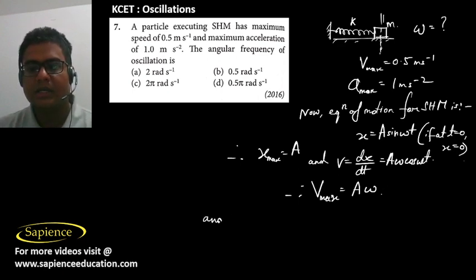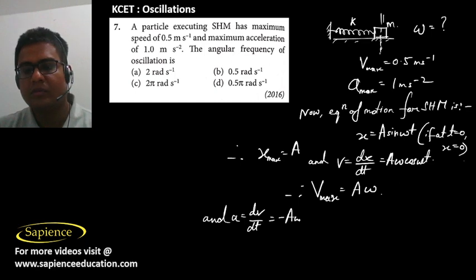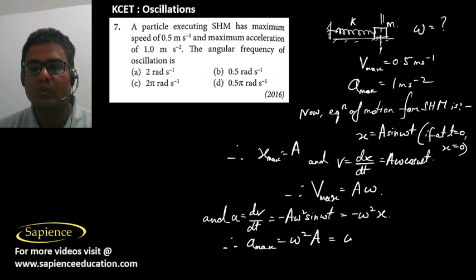And obviously acceleration is dv by dt, so that will be minus a omega square sine omega t, that is minus omega square into x. Therefore the maximum value of the acceleration will be equal to omega square into a, the amplitude, which is equal to omega times v max.